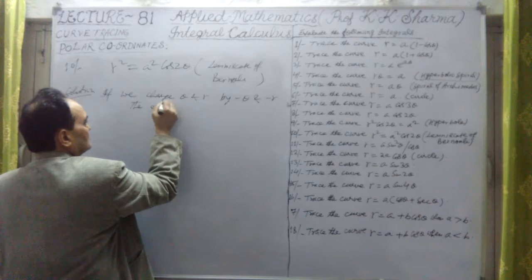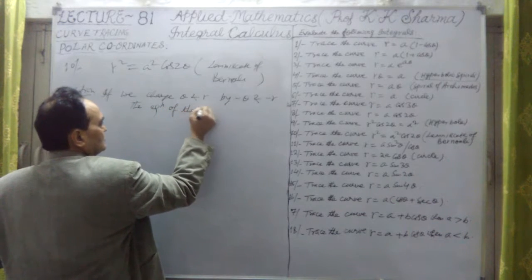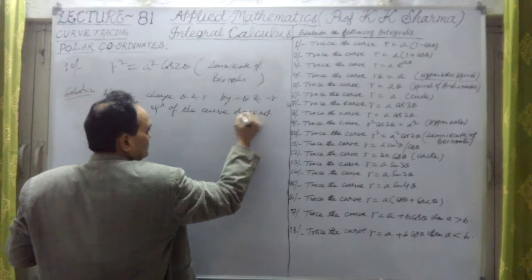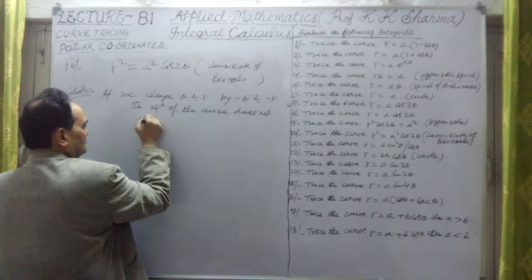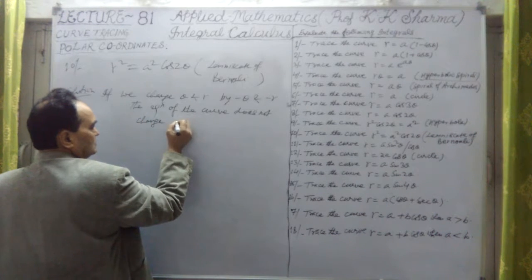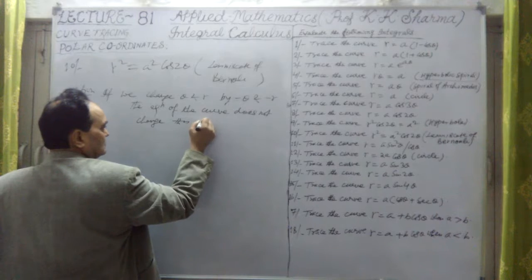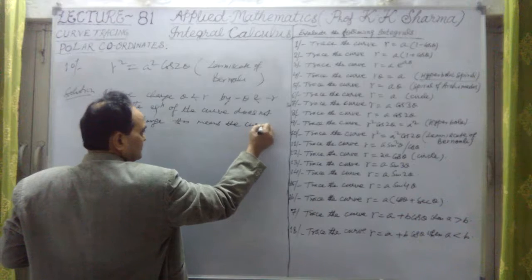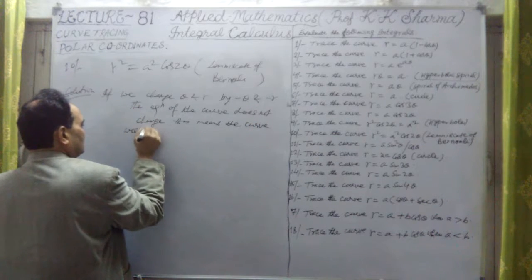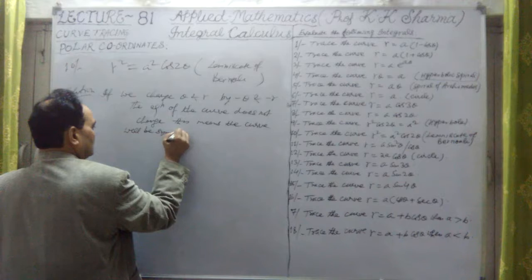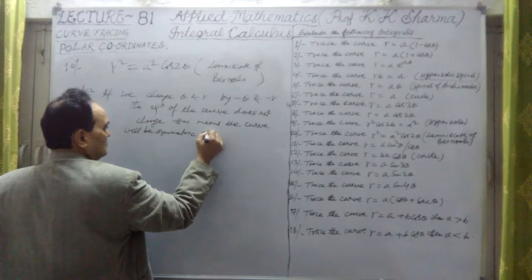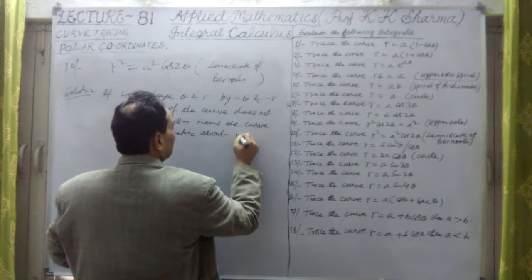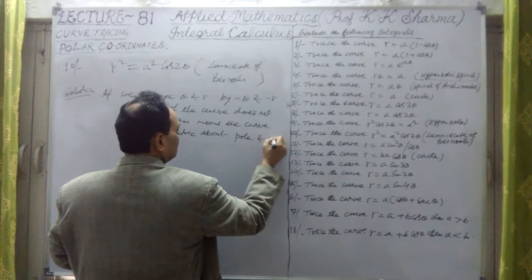The equation of the curve does not change, or it remains unchanged. This means the curve will be symmetric about the pole and the initial line.